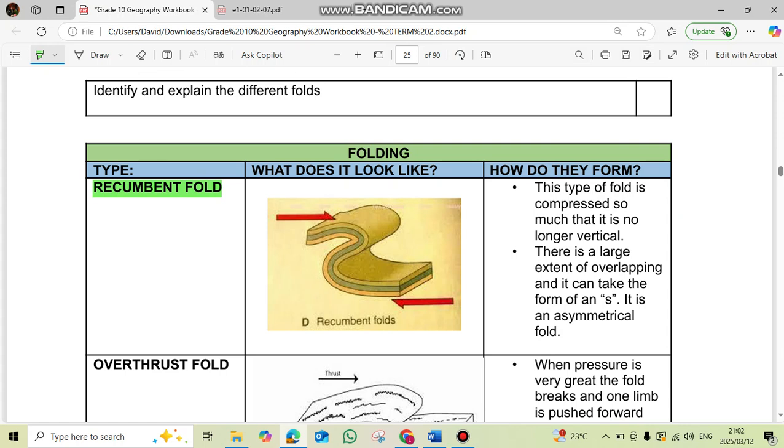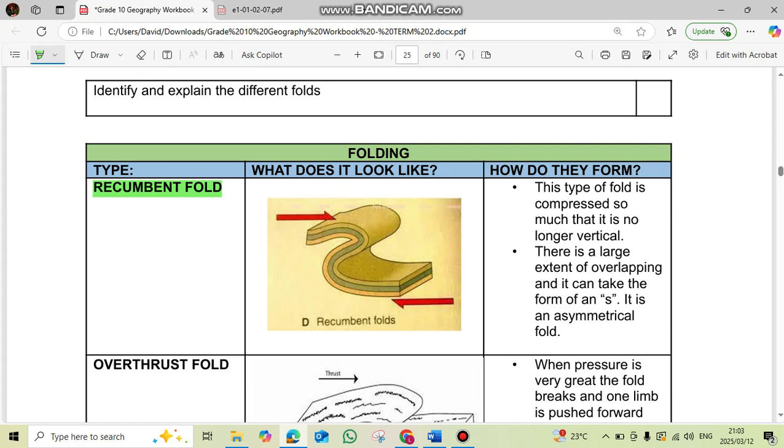If you think back to our previous lesson, we mentioned that folds form as a result of compressional force. When we have two tectonic plates coming together, converging, they apply compressional force. Depending on the intensity of that compressional force, we then form these different types of folds.